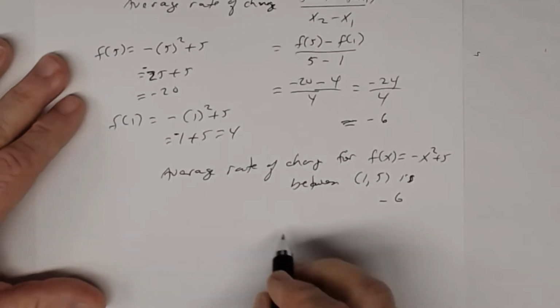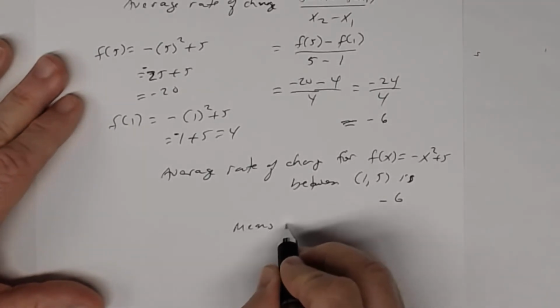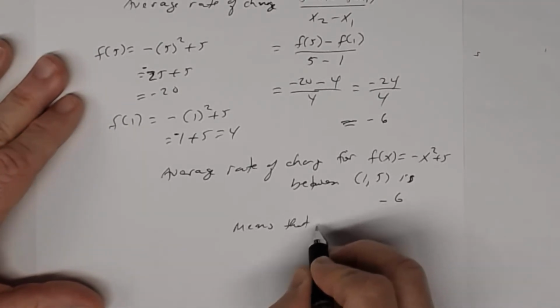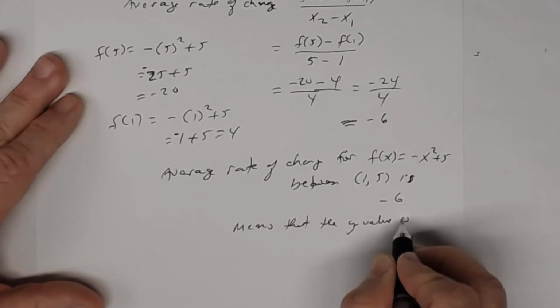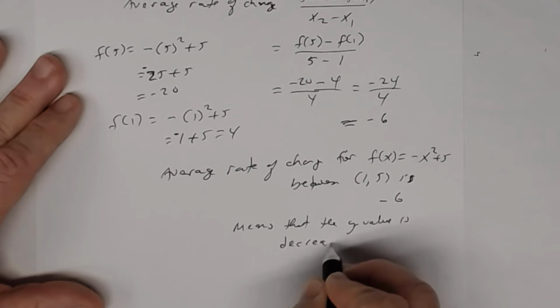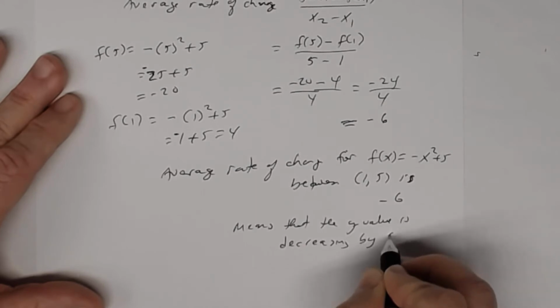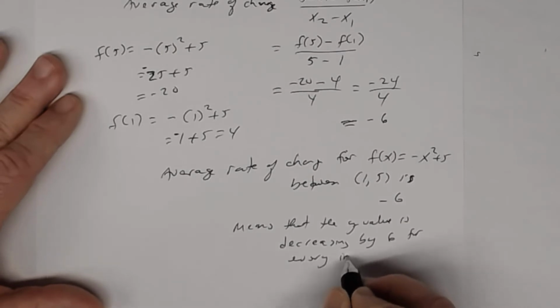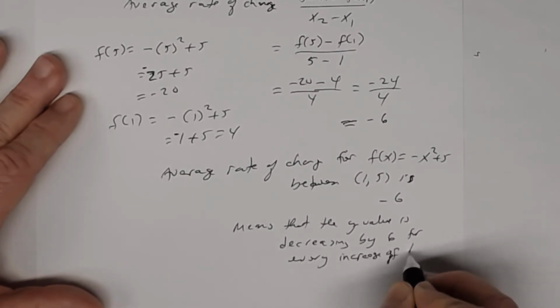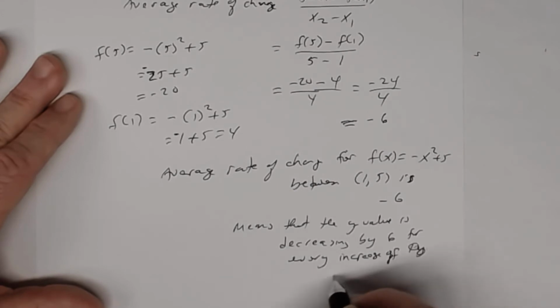So this means that the y value is decreasing by 6 for every increase of 1 unit in x.